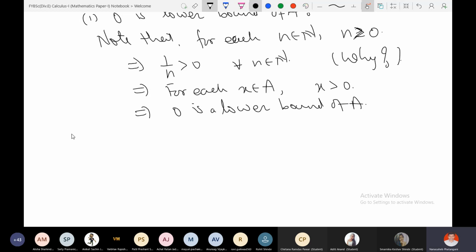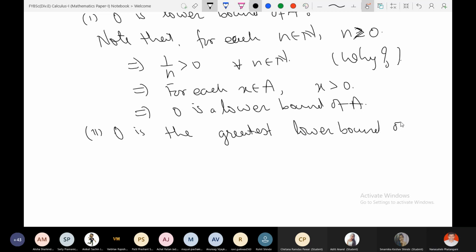But why is 0 the greatest lower bound? Now, 0 is the greatest lower bound of A. So why?